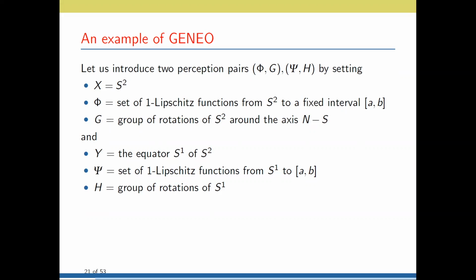Okay? And there is another perception pair that is given by the domain Y, the equator of the Earth, which can be modeled as S1. Psi is the set of one-Lipschitz functions from S1 to the interval [A, B], and H is the group of rotations of the equator.